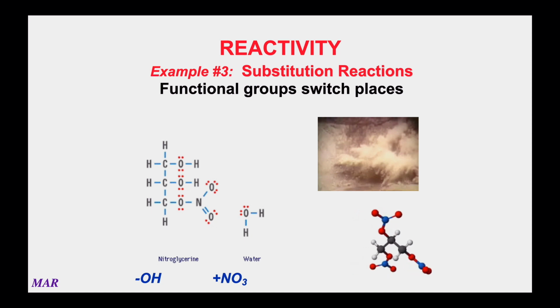It's pretty unstable, causes lots of cool explosives. This is an example of a substitution reaction where you're taking some more exciting pieces and basically swapping them out. So the NO2 basically swaps out one of the hydrogens on one of the OHs, so you end up with this nitro group, and again, that's pretty unstable.